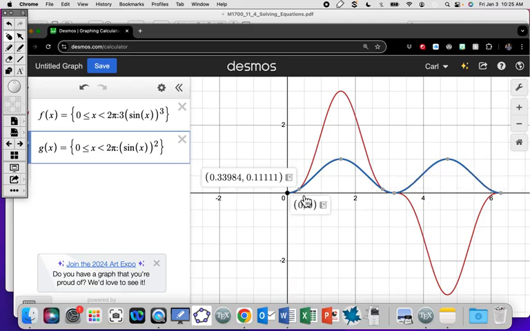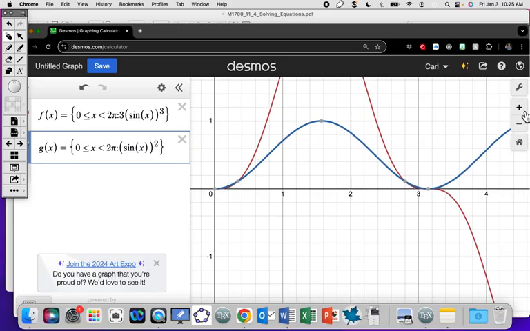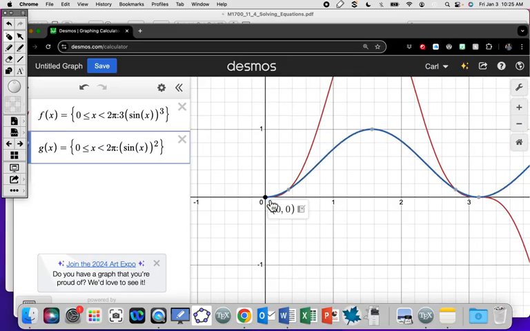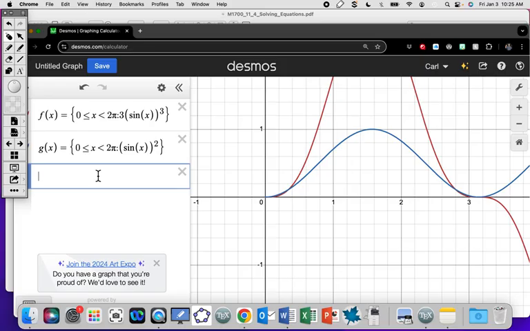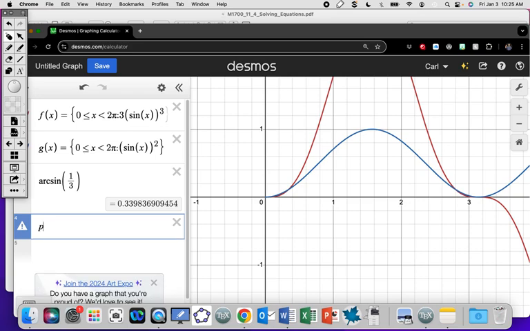So we just have 1, 2, 3, 4 intersection points. This is funny, 0.33. I think maybe that's round off error on Desmos. Oh no, wait, there's a 0, 0. There we go. Okay, so here's the 0 and pi, and then if I look at these decimals, those should match with our arc functions. So arc sine of 1/3, and then pi minus arc sine of 1/3.